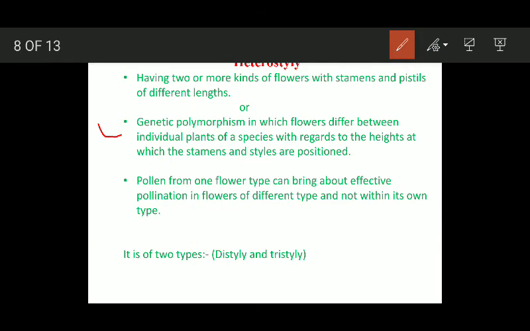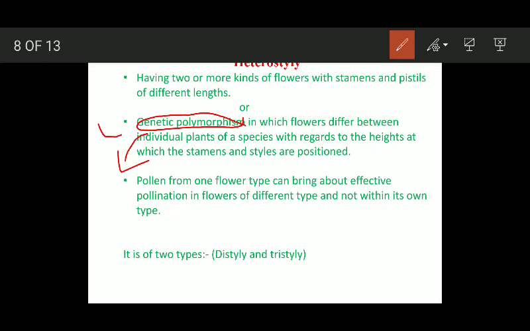Heterostyly can also be defined as a genetic polymorphism in which flowers differ between individual plants of a species with regards to the lengths, with regards to the heights at which the stems and styles are positioned. Okay, so here in this definition you can say that heterostyly is genetically determined.